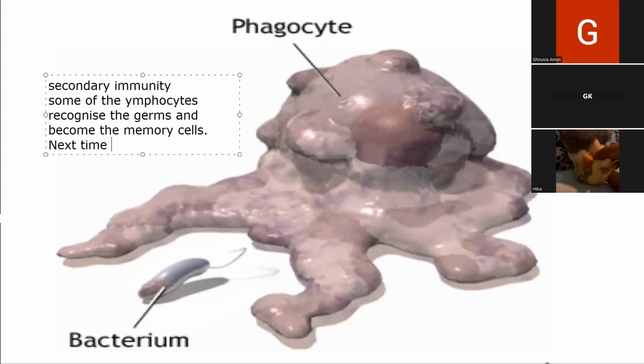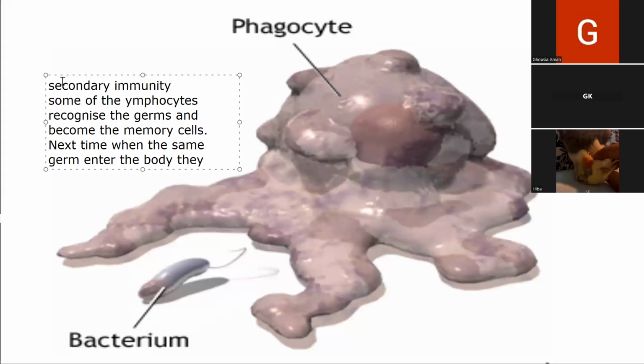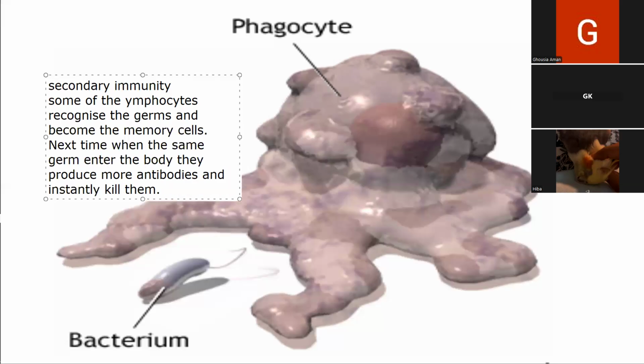Next time, when the same germ enters the body, they produce double antibodies, or you can say more antibodies, and instantly kill them. So that is our secondary immunity or secondary immune response.